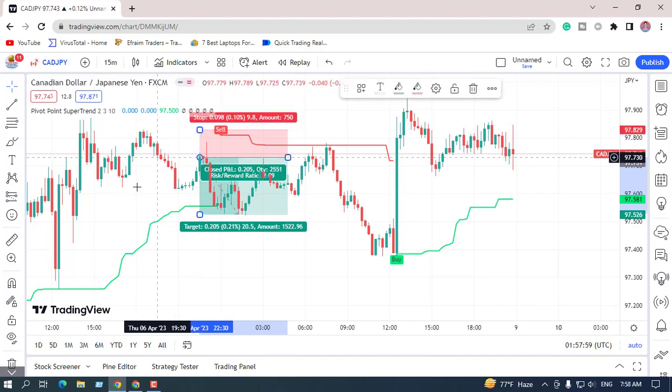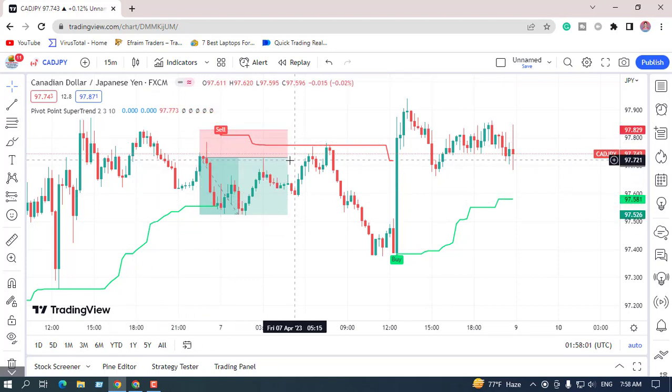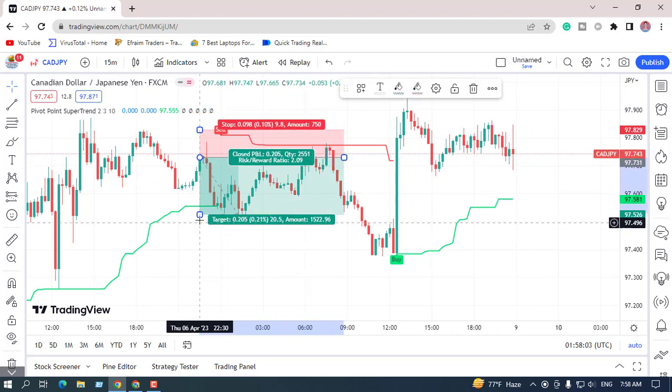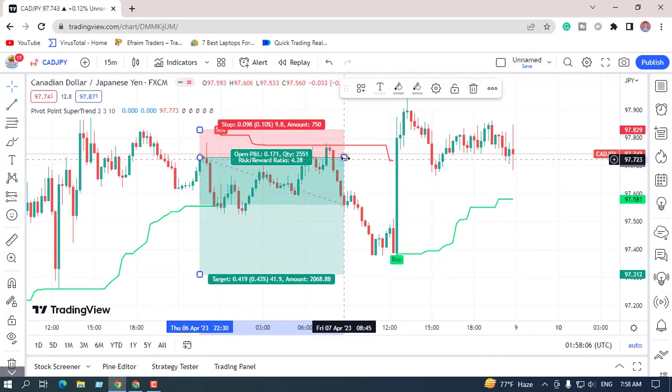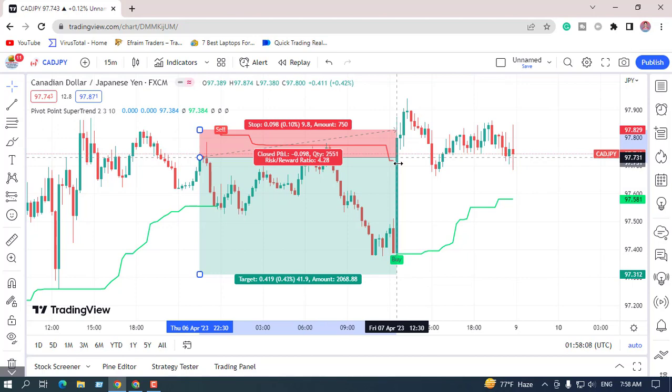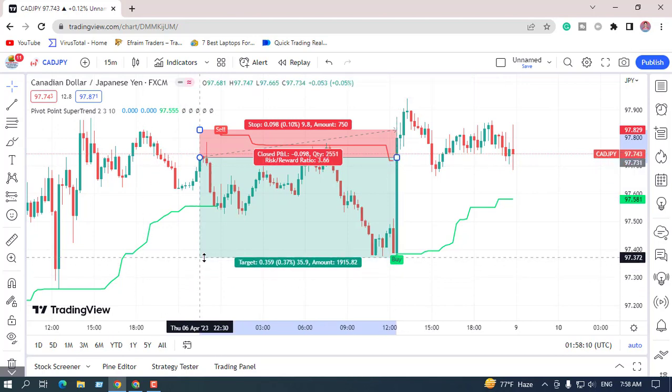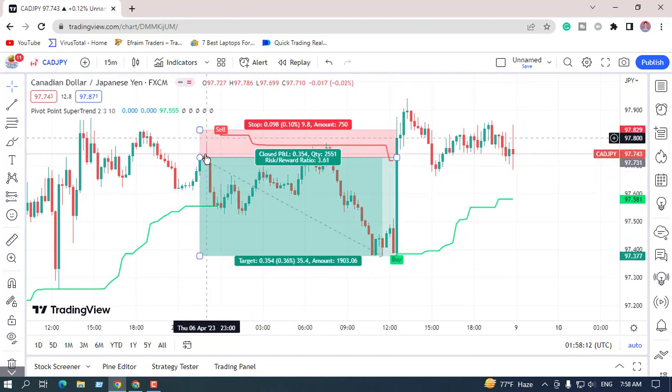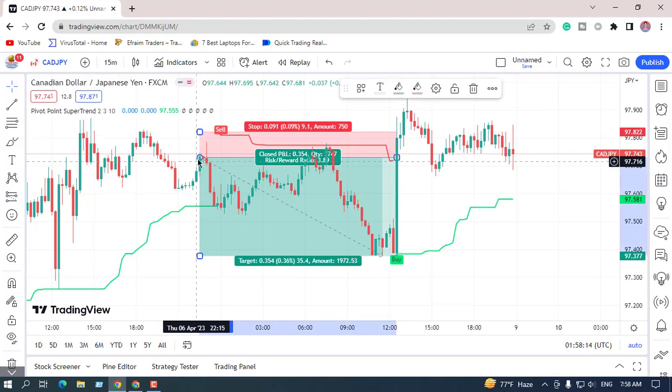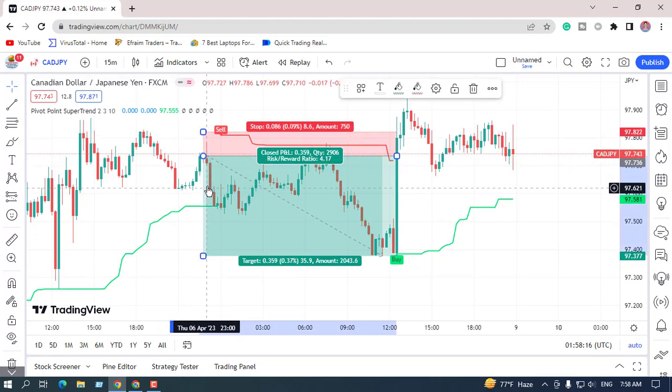Okay, it's a very good indicator. As you can see, it is a good profit. You can trade here and you can get good profit.